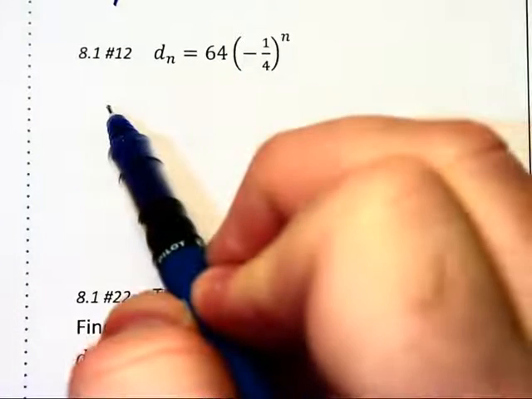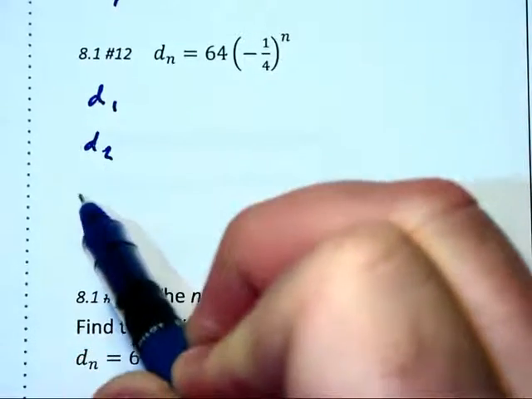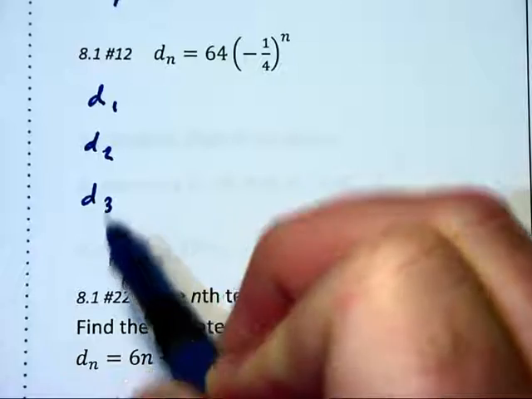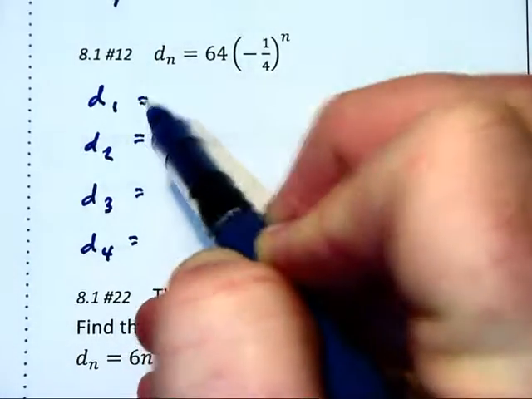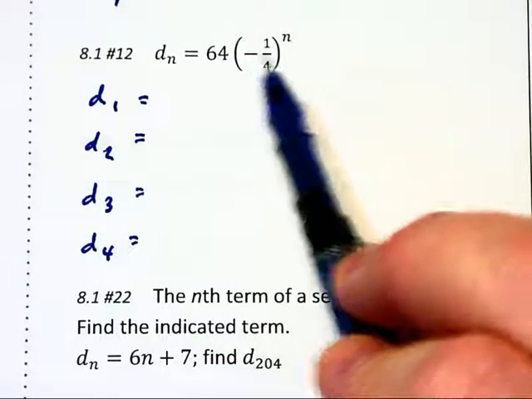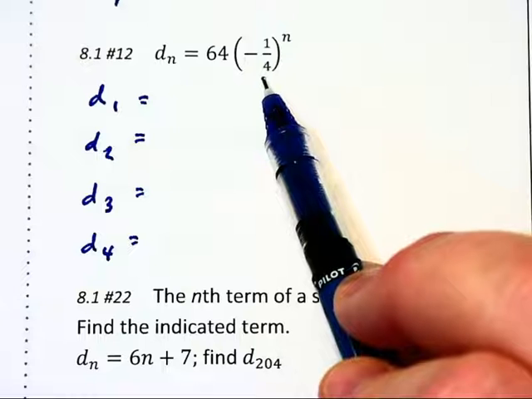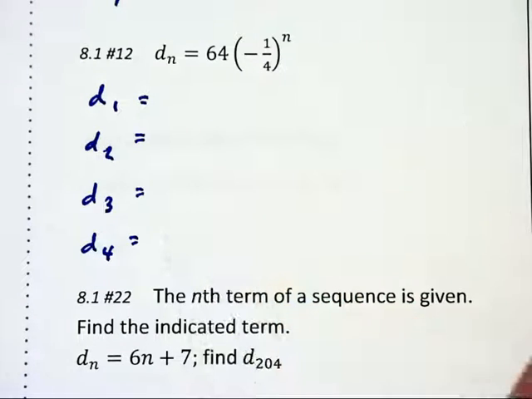And now we have another problem in which we are asked to find the first four terms, but this time we have something a little bit interesting going on. We're still going to be substituting in values 1, 2, 3, 4 for n, but this term inside the parentheses is negative, and that's going to have our terms alternating in sign.